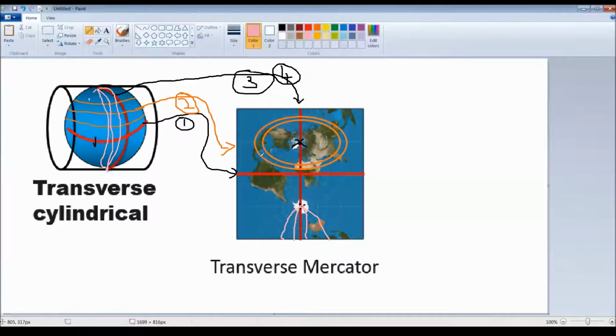Okay. And I think let's just put this as one more property and summarize them. This is going to be number 5. So what are the properties we have? The first property is the ellipse is going to be projected as a straight line. Second property is these latitude circles are going to be projected as ellipses, either here or here, depending on which part of the earth you are in.